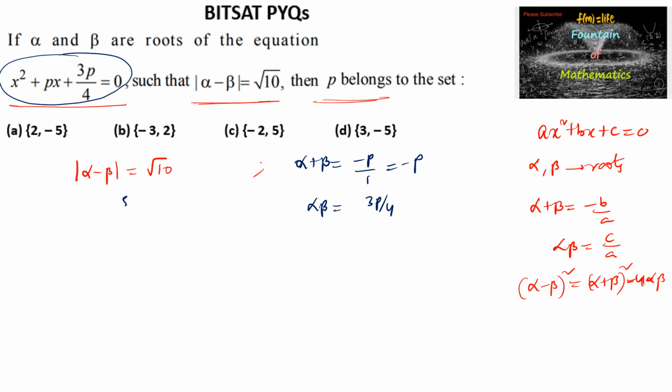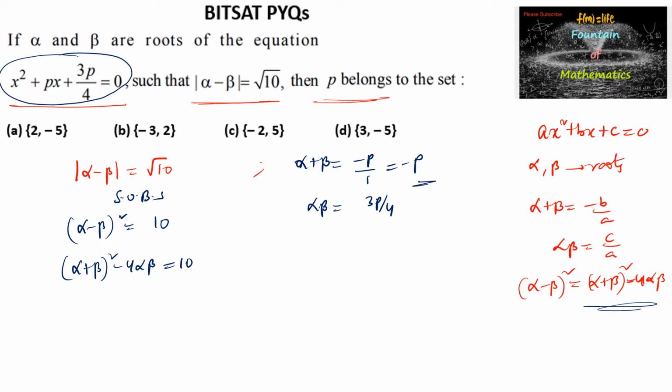So squaring on both sides, we have (alpha minus beta) whole square is equal to 10. So (alpha minus beta) whole square, we can write as (alpha plus beta) whole square minus 4 times alpha beta is equal to 10. And alpha plus beta is minus p, so we can write (negative p) whole square minus 4 times alpha beta, which is 3p upon 4, is equal to 10.